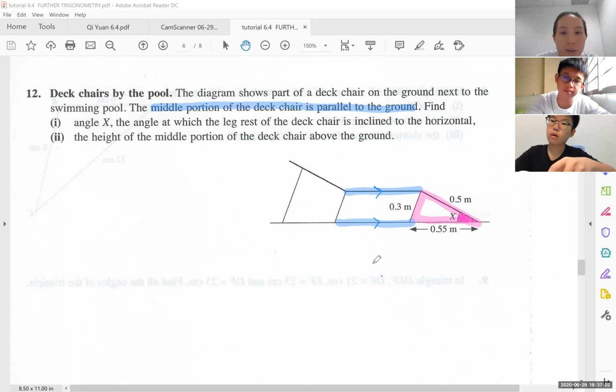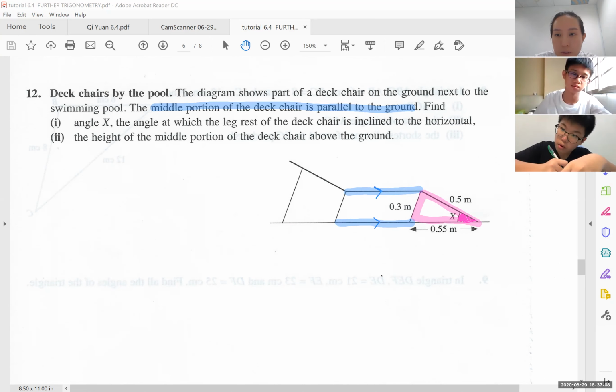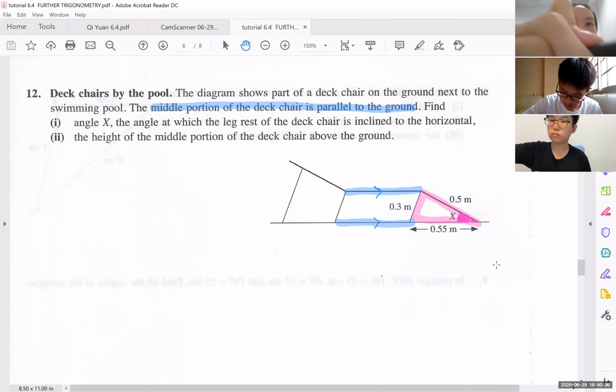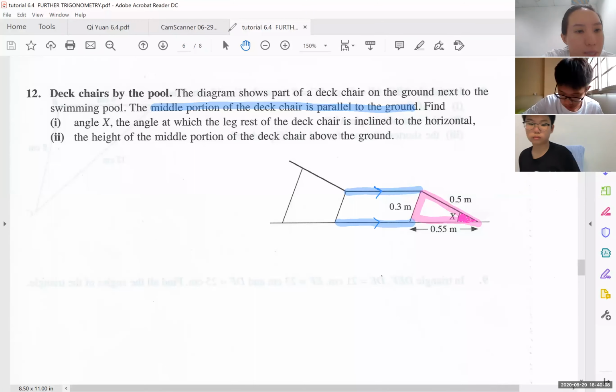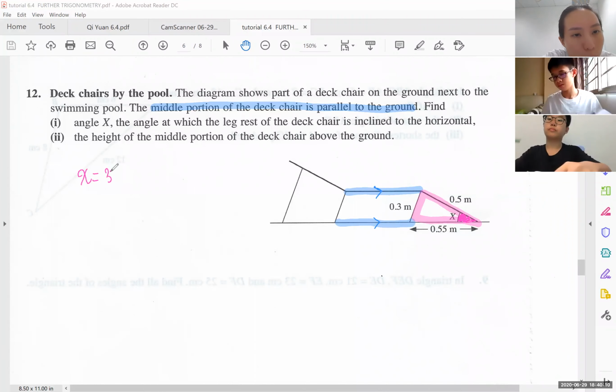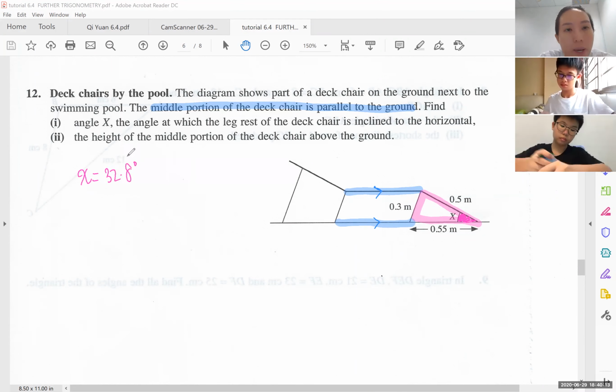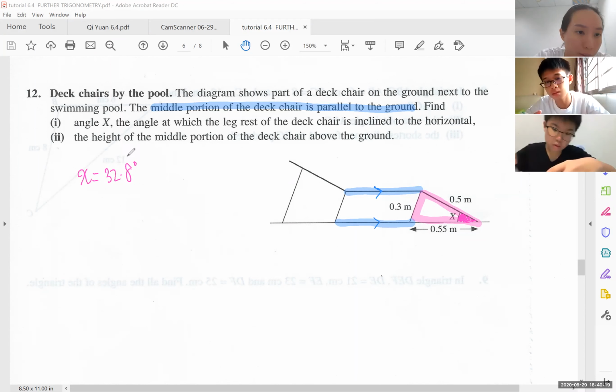Have you all done that? Okay, private message me your answer. Okay, so I believe everybody has gotten the answer. So it means that X is 32.8 degrees. But we cannot obviously use 32.8 for the later answer. So actually, how do you derive 32.8?